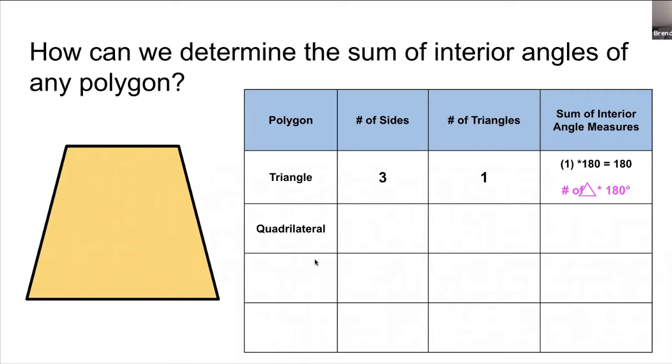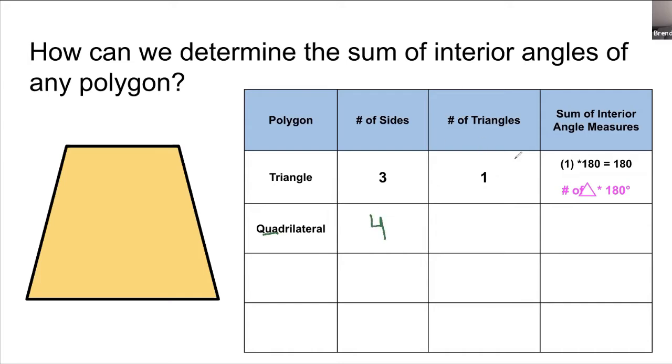So let's now do the same for a quadrilateral. How do we see the number of sides of this shape? Well, it says quadrilateral, so we have 4 sides.